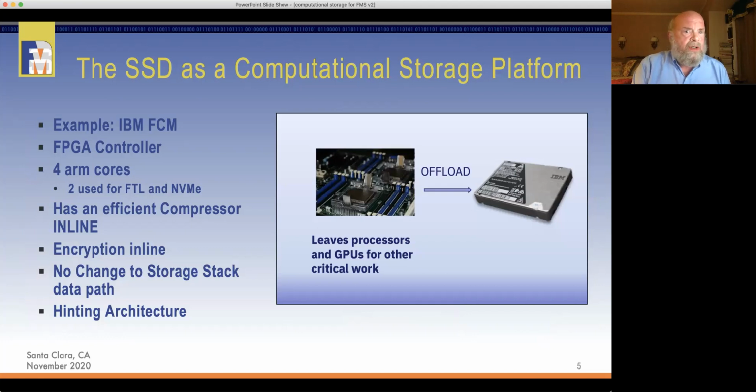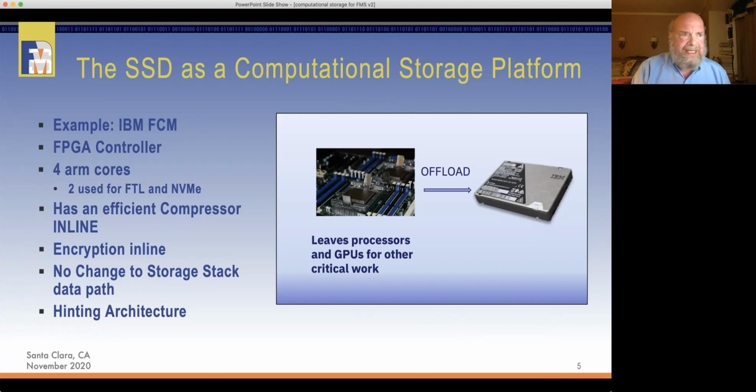Now, in order to keep the price down of the overall system, what we decided to do was, instead of just getting larger and larger Intel CPU servers, we would offload some of that work onto the SSDs themselves. And so inside the FlashCore module are several different assists.